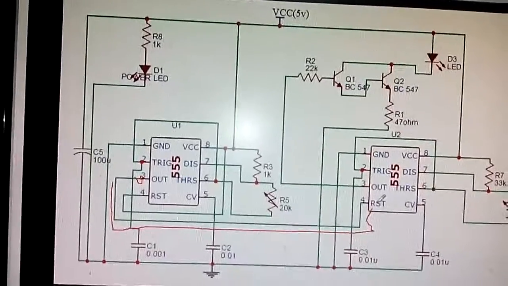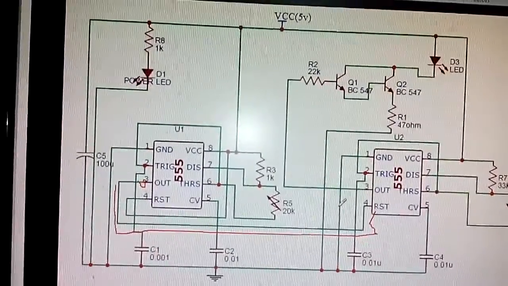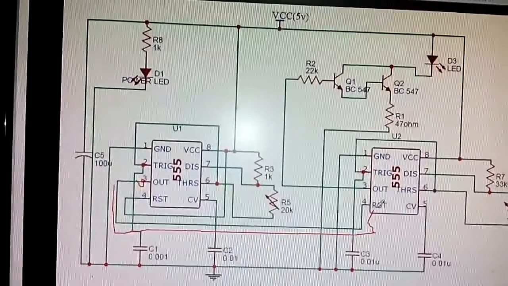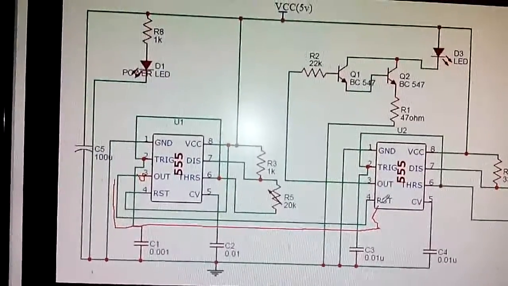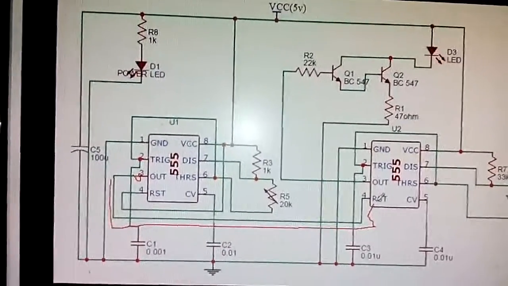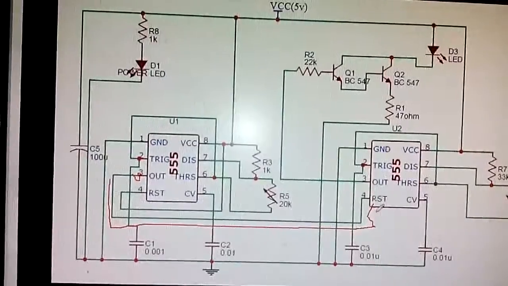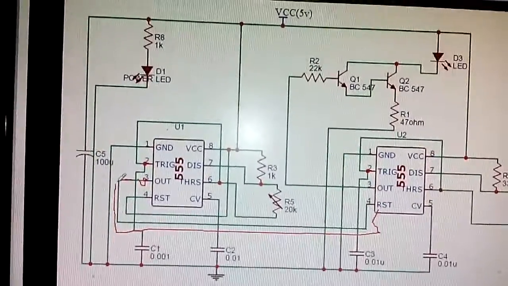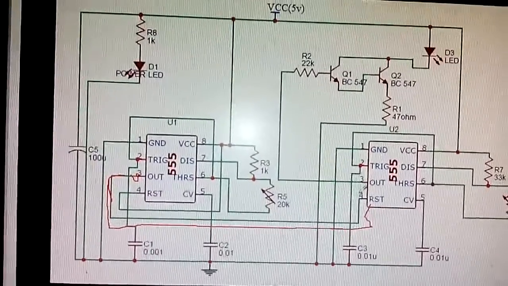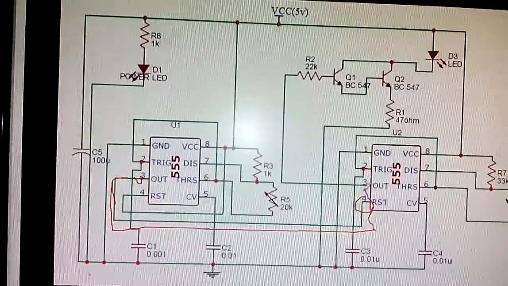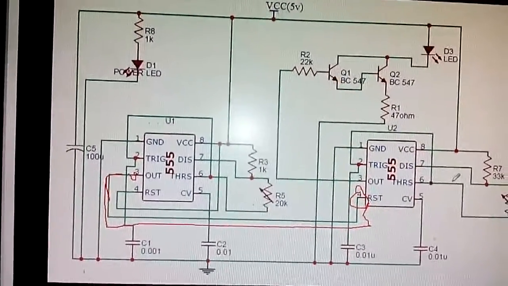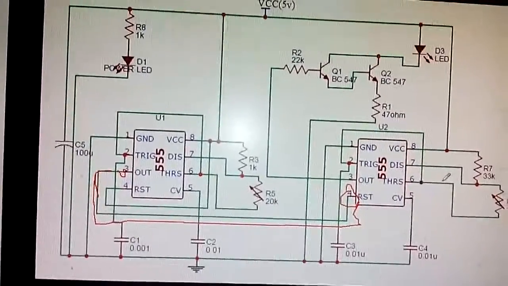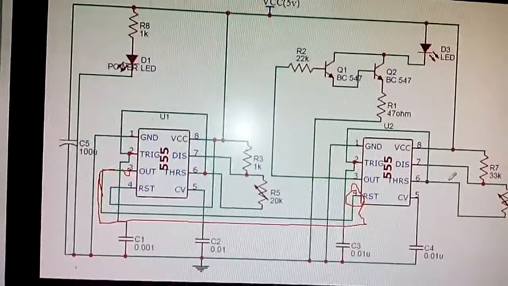As you know, when there is an on pulse, it is not resetting, because the 555 timer resets when pin 4, the RST pin, gets low. So when there is an on pulse from the first timer, pin 4 is not resetting, and it allows the second timer to produce 38 kilohertz.